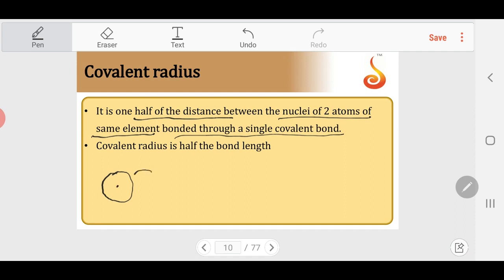This is the second atom where the electron cloud is partially overlapped. This is the bond length. So half of this distance is going to be the covalent radius. So covalent radius is half the bond length of a covalent bond between two atoms of the same element.